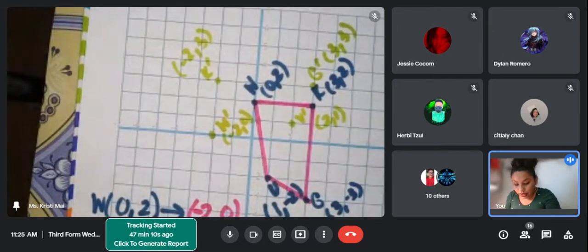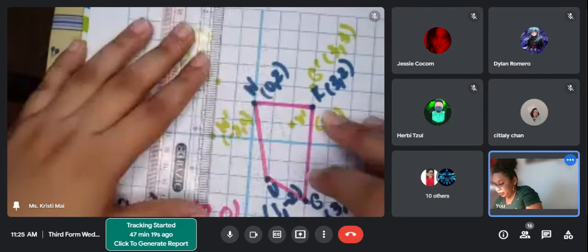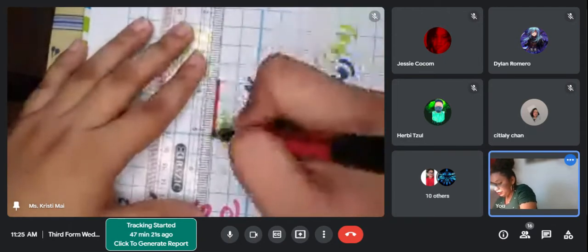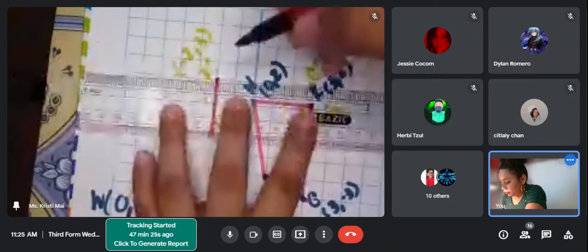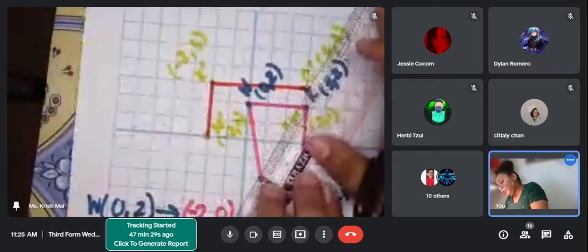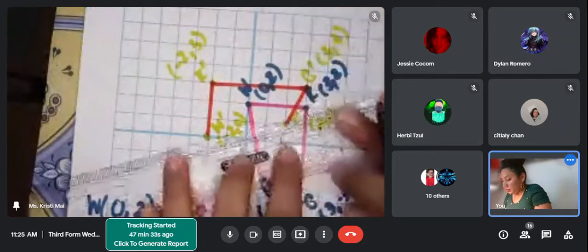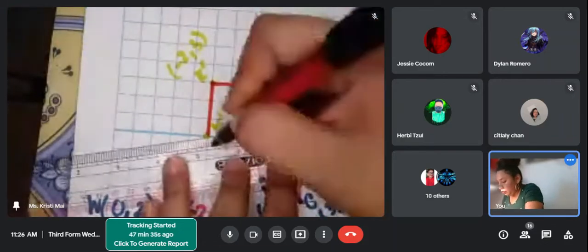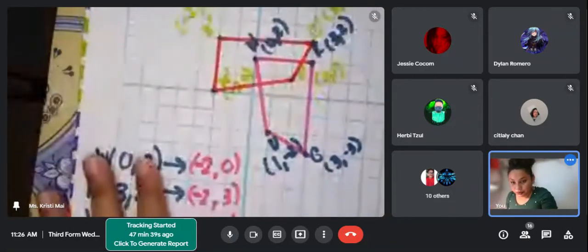And then I'm going to go ahead and draw the lines, connect the dots. So I'm going to match these ones right here. And then there you go. This is the rotation.